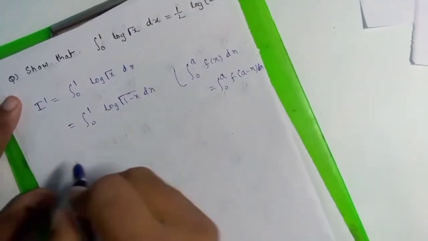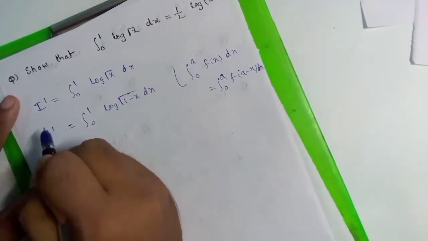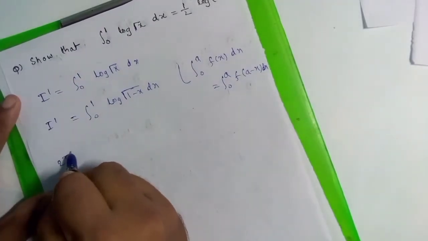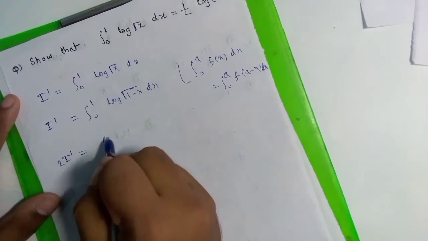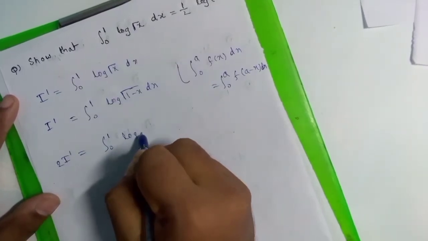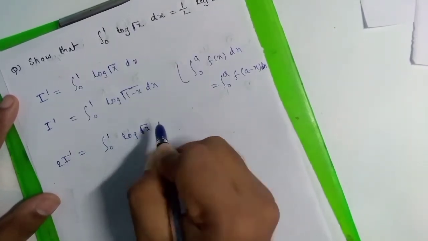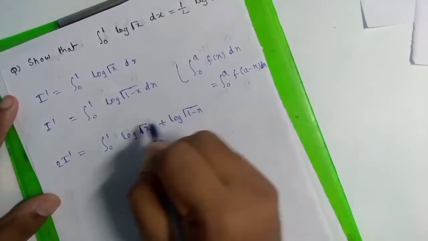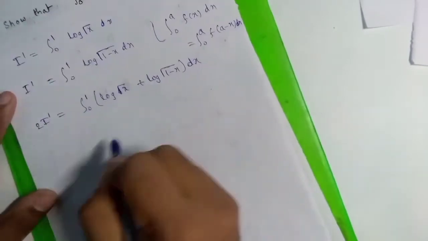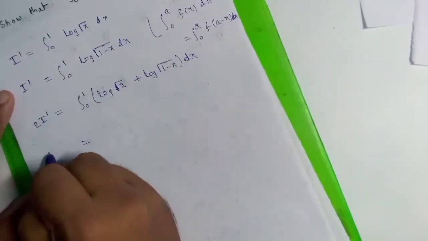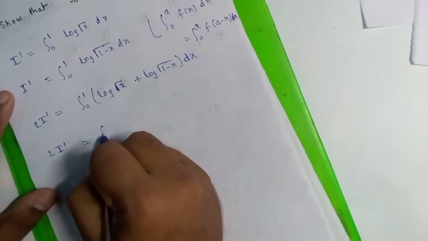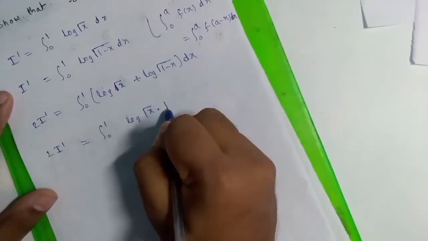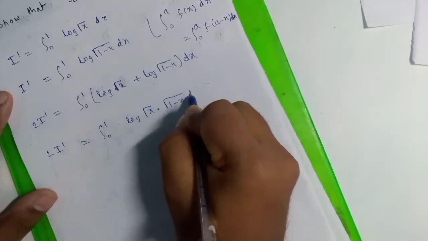So now we add these two equations, therefore we get 2 I dash equals integral 0 to 1 of log of gamma x plus log of gamma 1 minus x dx, and this comes 2 I dash equals integral 0 to 1 of log of gamma x into gamma of 1 minus x dx.